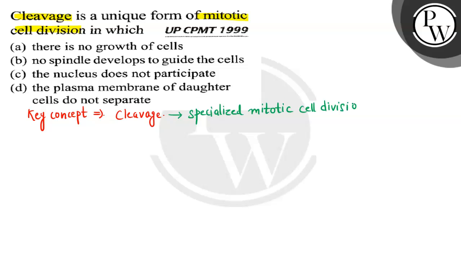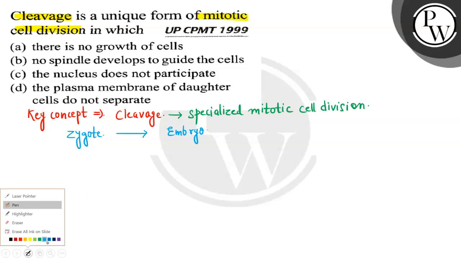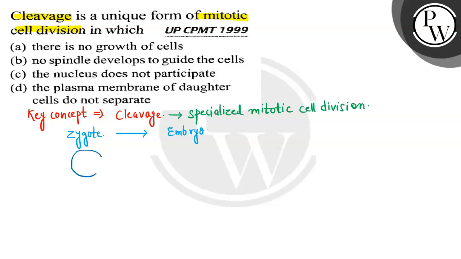Let us see what happens during cleavage. During cleavage, we have the zygote, and the zygote is getting divided in order to produce the embryo. Zygote is a uninucleated cell consisting of a single nucleus in the center.